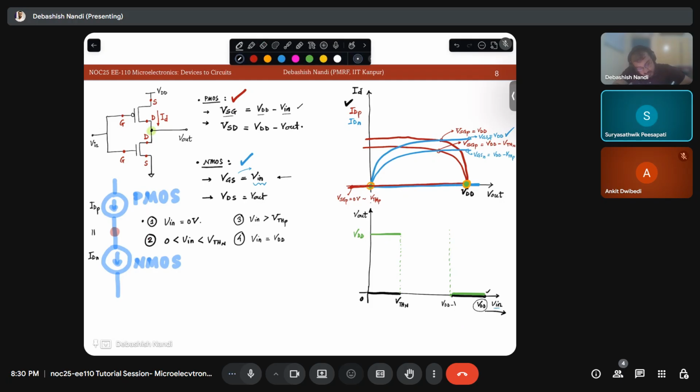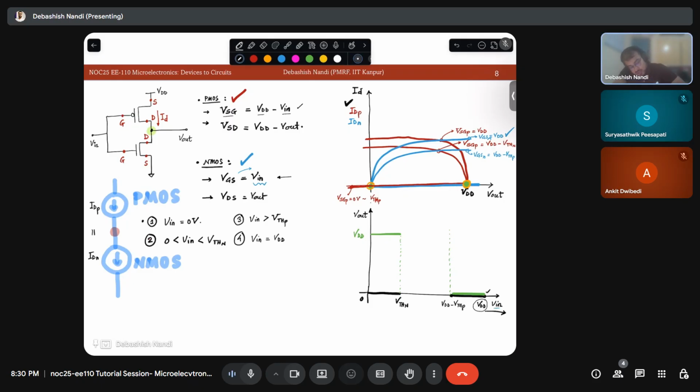Sir, you said that IDP is PMOS and IDN is NMOS, right? Sir, but the red line is touching the blue line, no, sir. But those are at different bias conditions, right? Yes, sir. You understood, right? These are two different bias conditions. Okay.